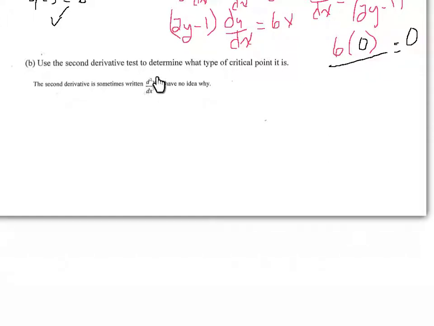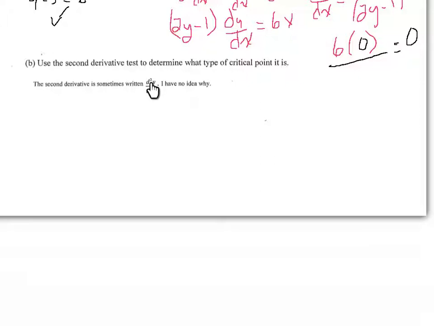This is another way of writing the second derivative, and Mr. Friedland has no idea why we write it that way, but I believe it has something to do with the fact that you're taking the derivative of a derivative, and when you multiply and then multiply again, we end up with an exponentiation. This is sort of the language of exponentiation, doing the same operation twice. So I'm taking the derivative twice.